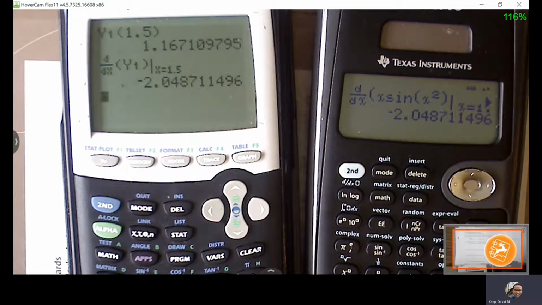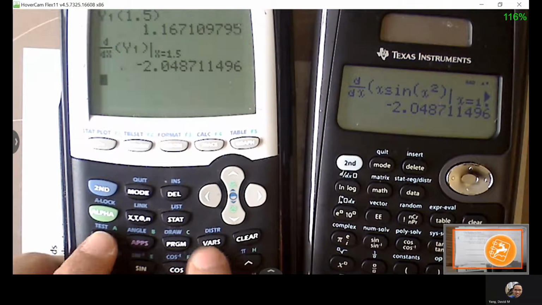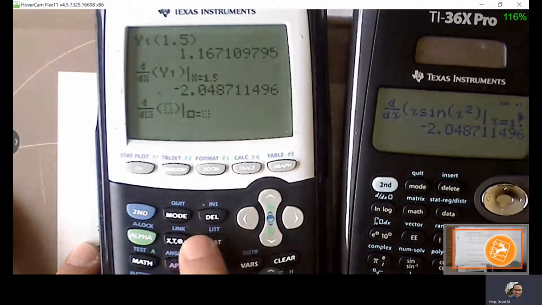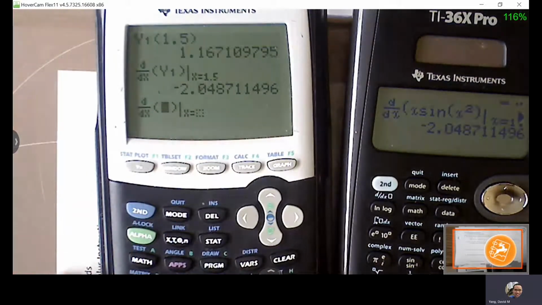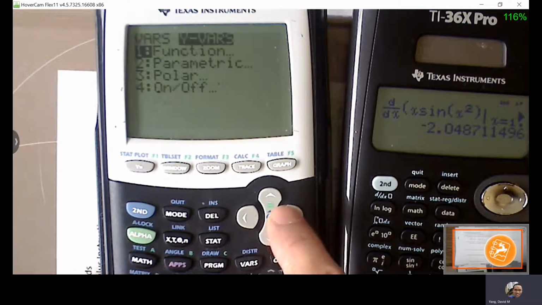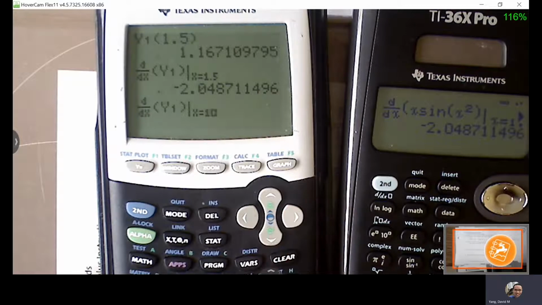Yeah, sure. So the graphing one, you're going to go to math 8. Got that? Okay, d over dx. And if you have the function stored under y1, you're going to go to vars, y vars, function y1. And then you're going to plug in 1.5.